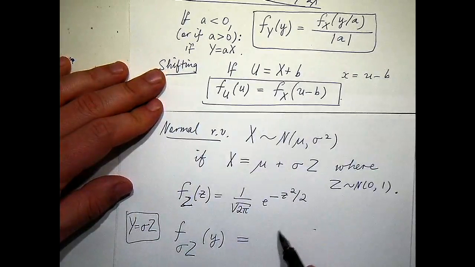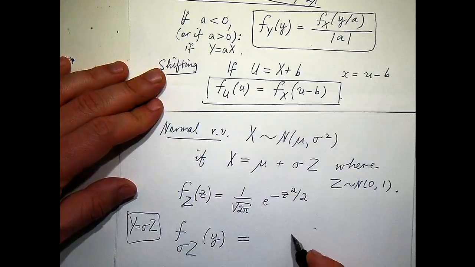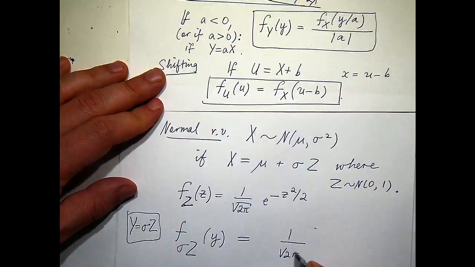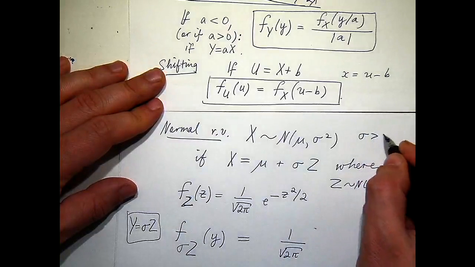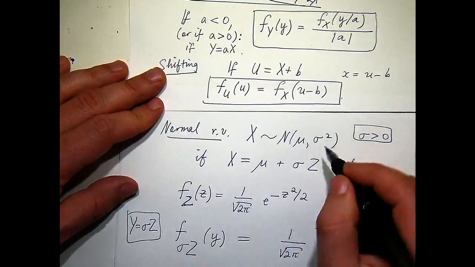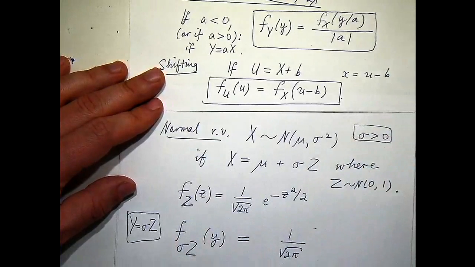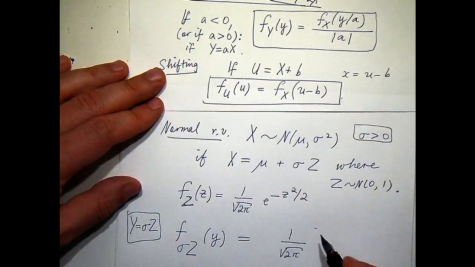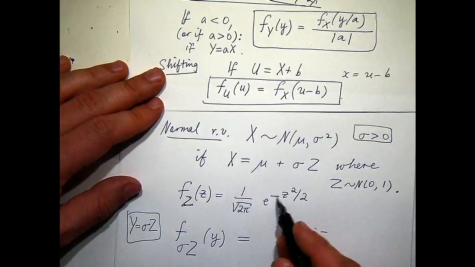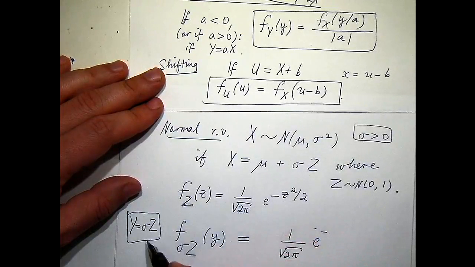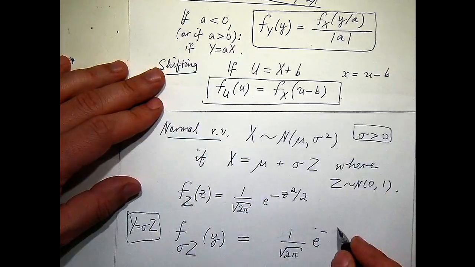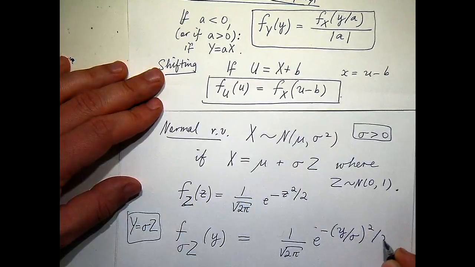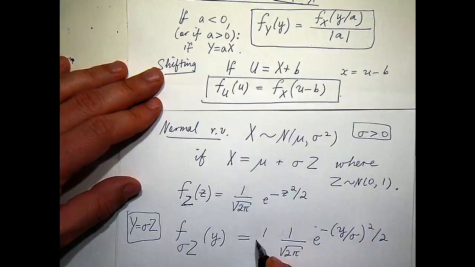The density of the sigma z random variable at y: I have to evaluate the density itself, 1 over root 2 pi. Now, we assume here that sigma is positive. There's no gain in having it negative because sigma squared will be the same either way. So that's a convention that's always used. Then in the exponent I have to substitute z equals y divided by sigma, so y divided by sigma squared divided by 2.